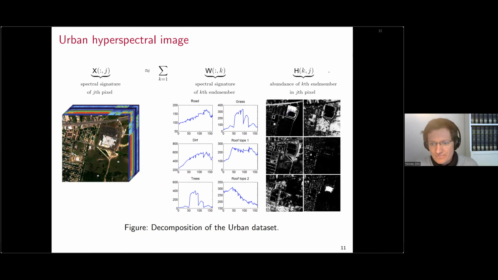So if you matricize the first row of H, you will get this abundance map of the first material, which is in this case the road. So you see it's very interpretable. It's very easy to understand what this decomposition did in this case. Of course, a posteriori, you need to interpret what it did. So you need to look at the image. Okay, this is the road, and this is the spectral signature of the road, and so on for the other materials.